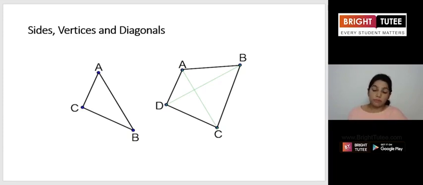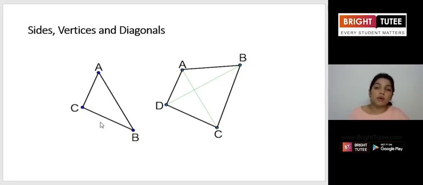Okay. So this can be a single objective kind question, that what is the minimum number of line segments that you need in order to form a polygon? The answer is 3. So the least number of sides can be seen in a triangle. Now look at this triangle here. I hope you remember we learnt about how to name the sides, the line segments of a given shape, right?